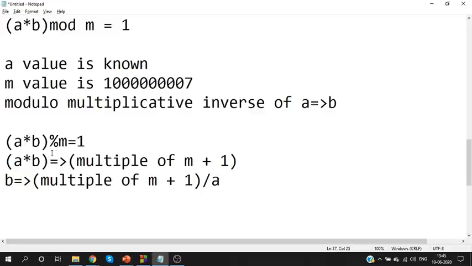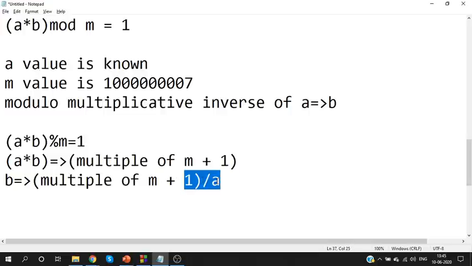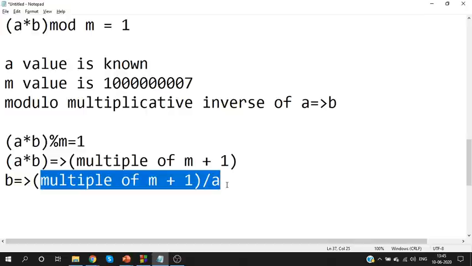Is it clear? How will you calculate b? Some multiple of m plus 1 divided by a will give you the b value. So choose a multiple of m such that when you divide it by a, your result is a whole number. Can you all understand this?